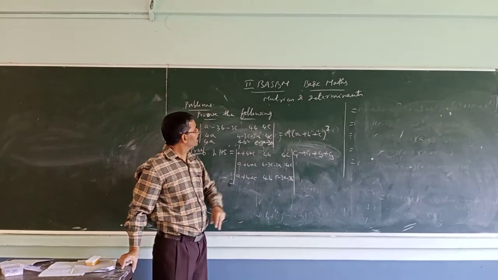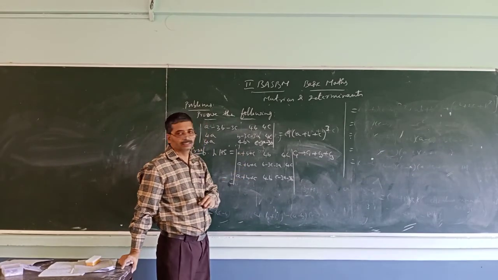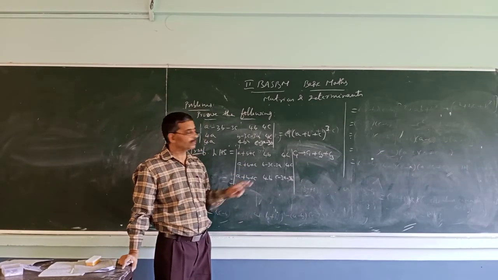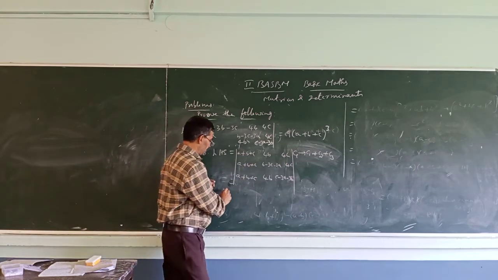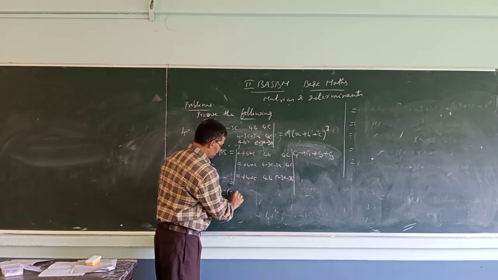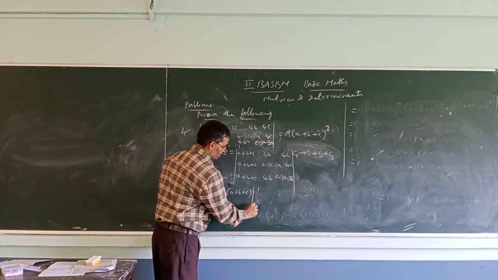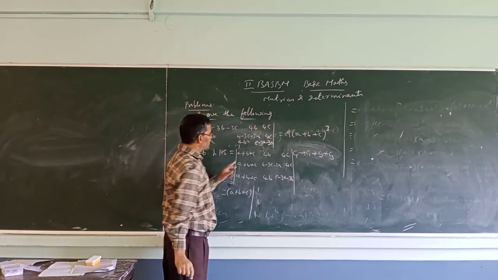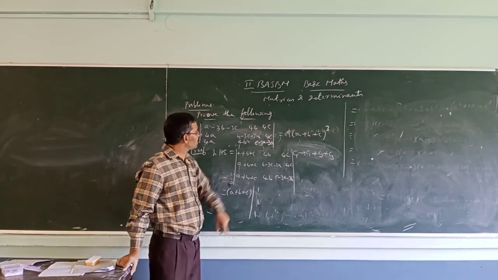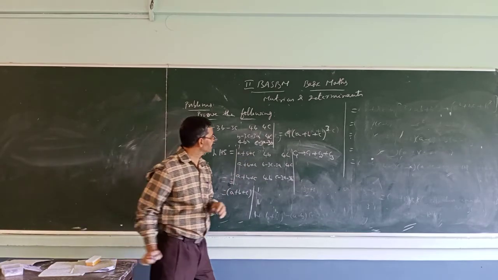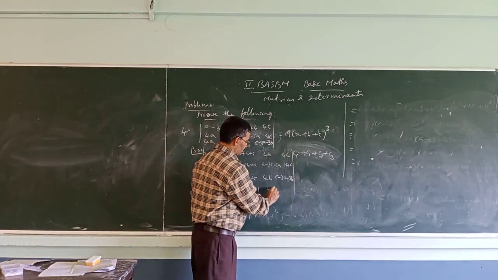Now again observing here, what happens? All these are the same, so you can take a plus b plus c outside. So 1, 1, 1 now. Taken a plus b plus c common from the first column. The rest is written as it is: 4b, 4c.